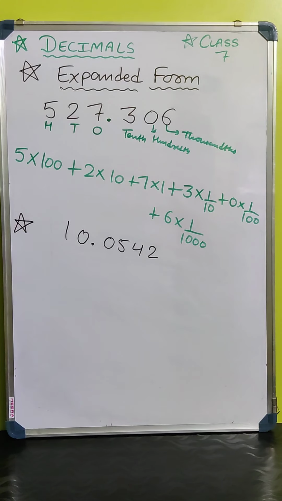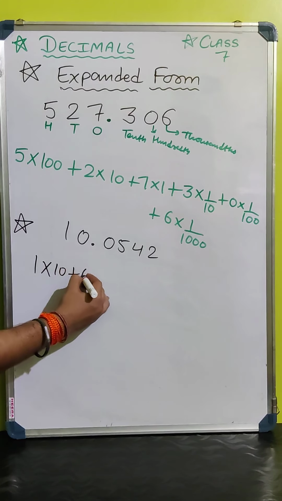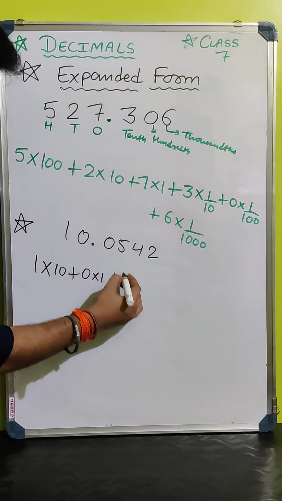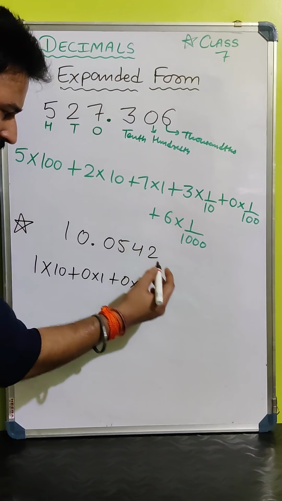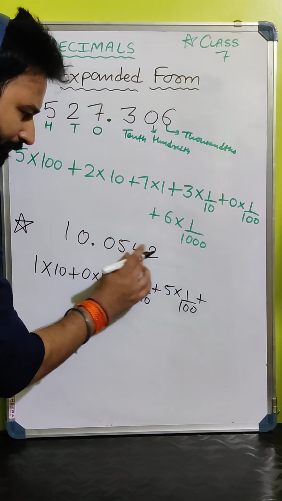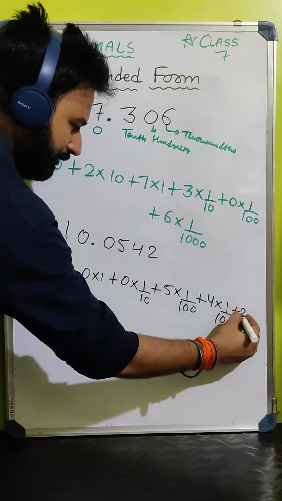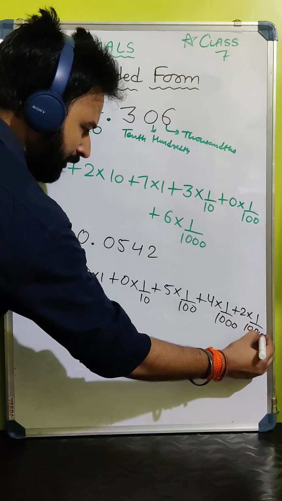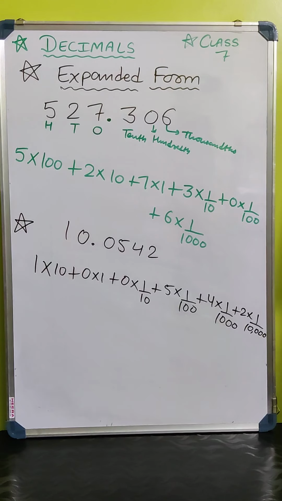This is the ones place, tens place: 1 into 10, plus 0 into 1, plus 0 into 1 by 10 at the tenth place, plus 5 into 1 by 100 at the hundredth place. At the thousandth place you will write 4 into 1 by 1000, and next is 2 into 1 by 10,000 at the ten-thousandth place.